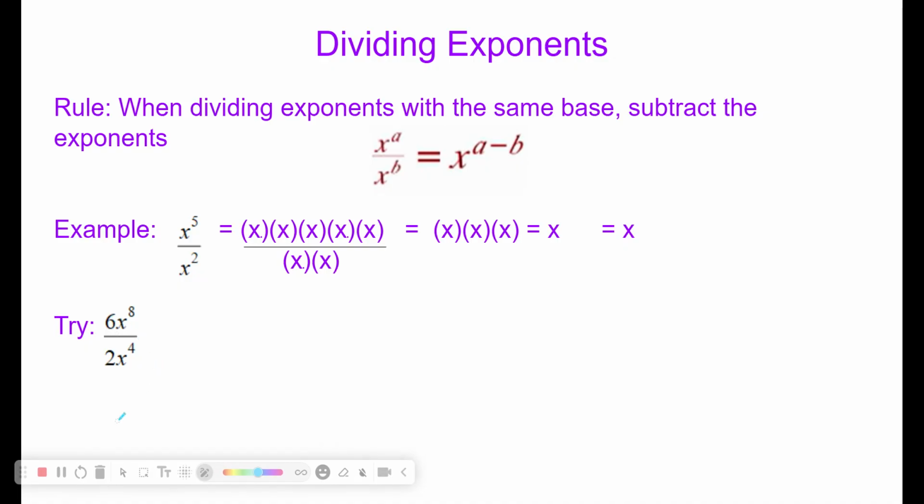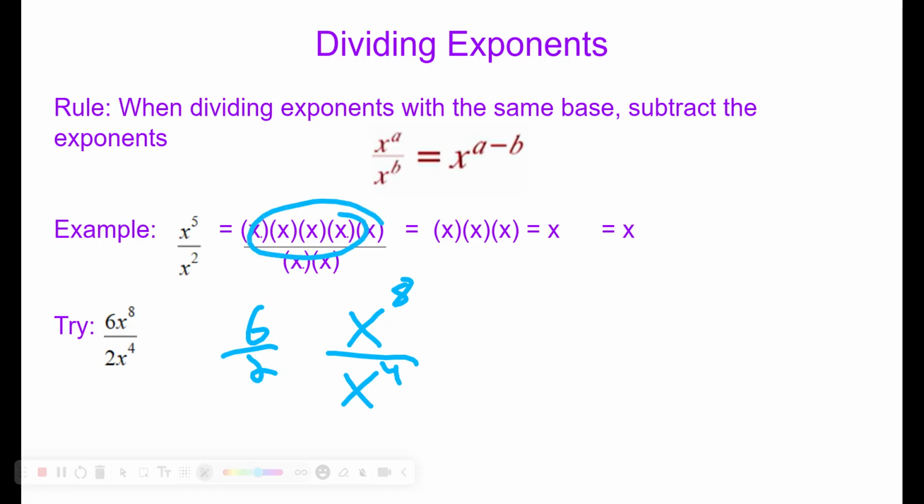Here in this problem, we essentially have 6 being divided by 2, and we have x to the 8th power divided by x to the 4th power. I know we can simplify 6 over 2, and x to the 8th over x to the 4th.